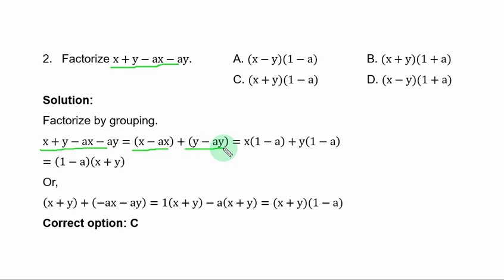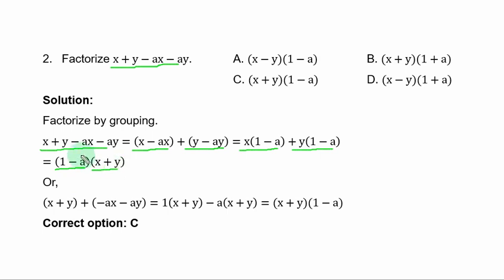From the first group, if you factor out s, you have this result. From the second group, you factor out y, you have this result. Clearly, 1 minus a is common.